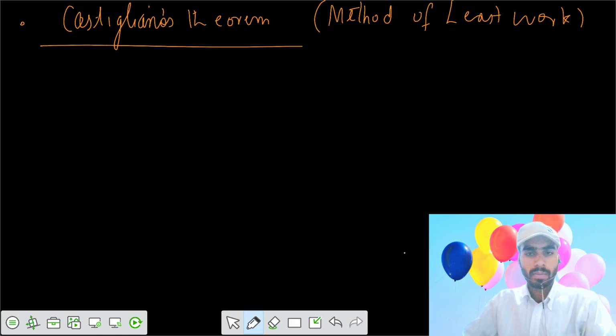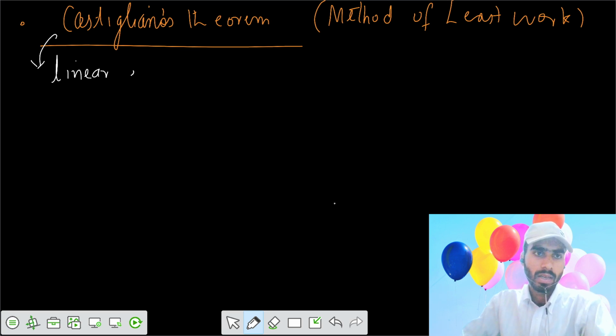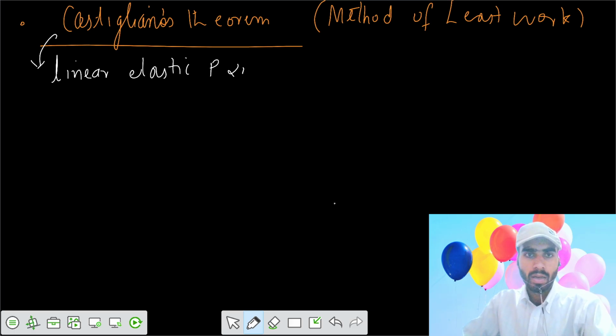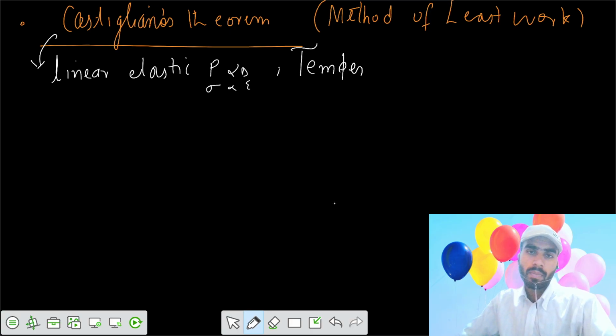The assumptions here are that the material is linear elastic, showing linear elastic behavior: P proportional to delta, stress proportional to strain. Then the temperature is constant, because by changing the temperature there is a change in deflection also, as you have studied in deformation of bars using thermal stresses.